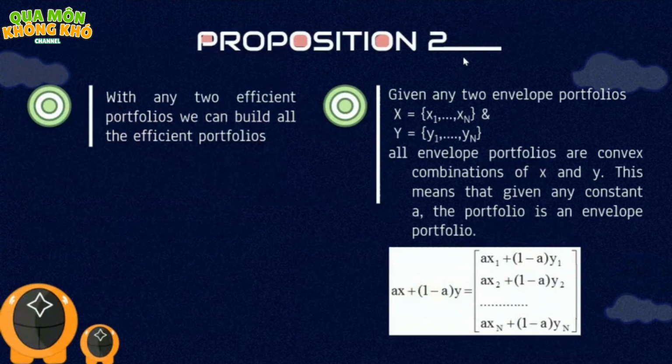Proposition 2 states that with any two efficient portfolios, we can build another efficient portfolio. Given any two envelope portfolios, X equals X1 to Xn and Y equals Y1 to Yn, a convex combination of X and Y is also an envelope portfolio.